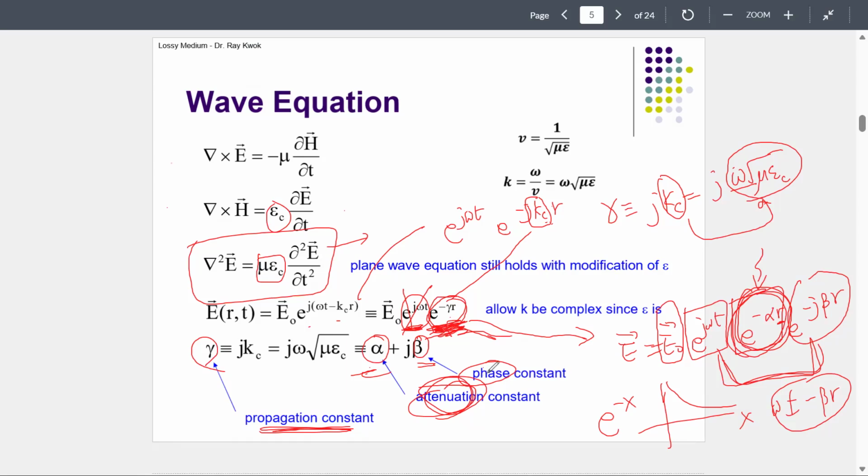Are you with me? Okay. So in this chapter, what we need to do is figure out how to calculate this alpha and beta. And that's it. The rest is still the same as what we had before. The three rules that we've been using still apply.